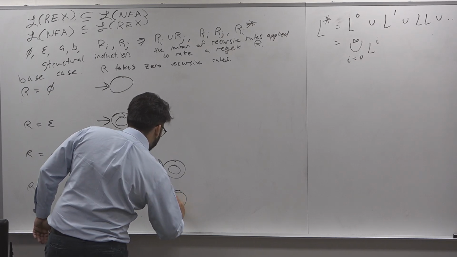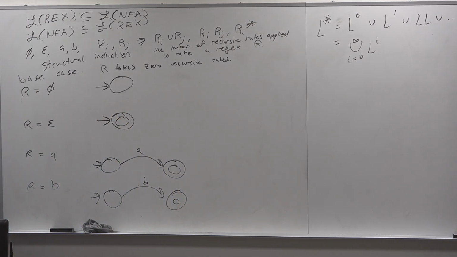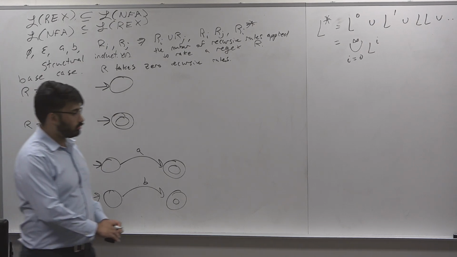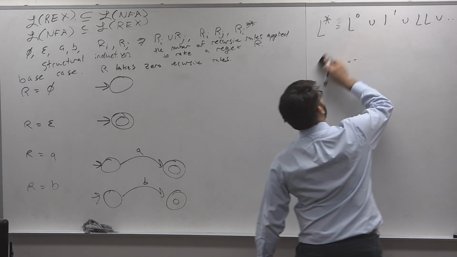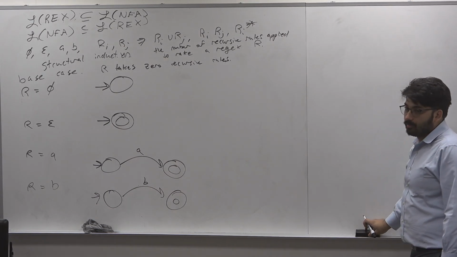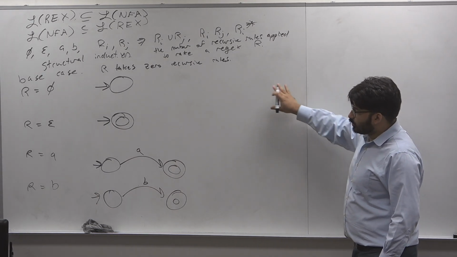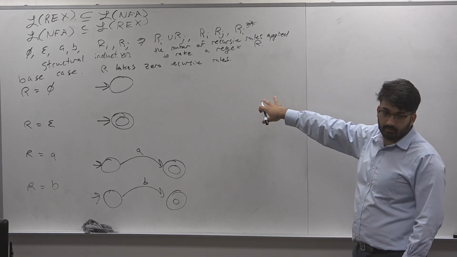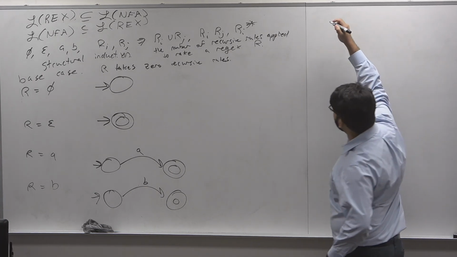We have proven that these four things are regular. The four base cases are regular. So now we've completed the base case. We agree? So let's now proceed by induction.